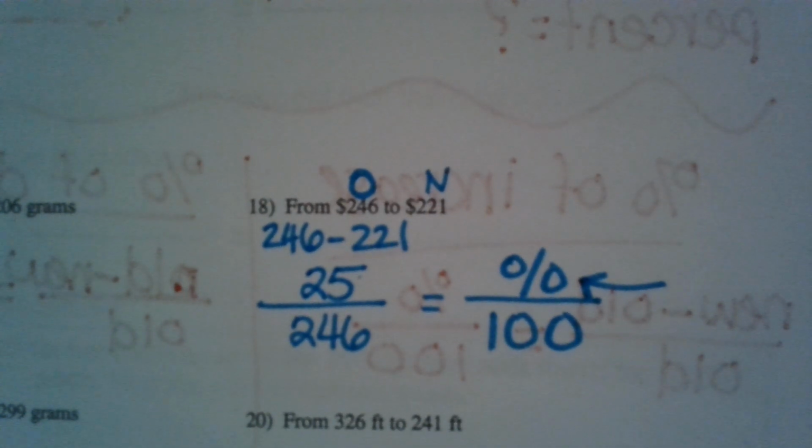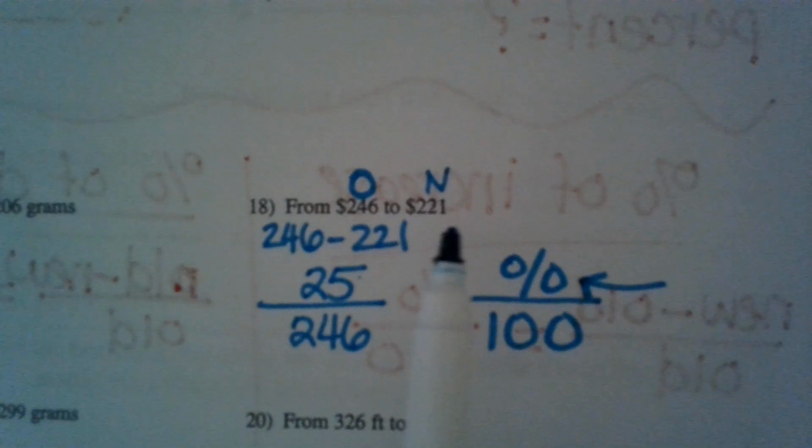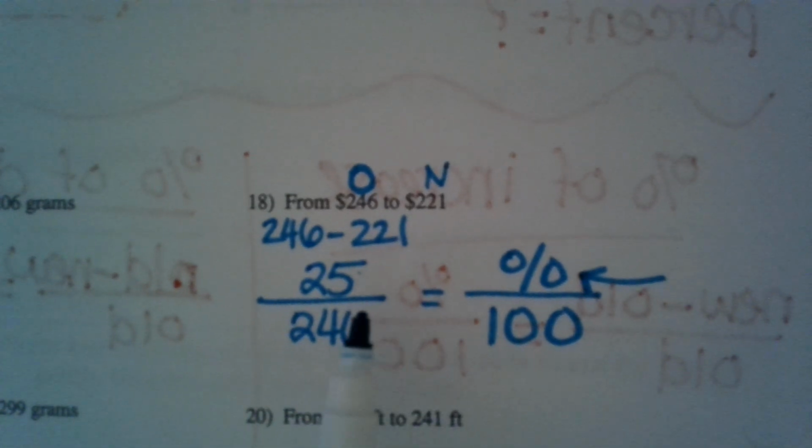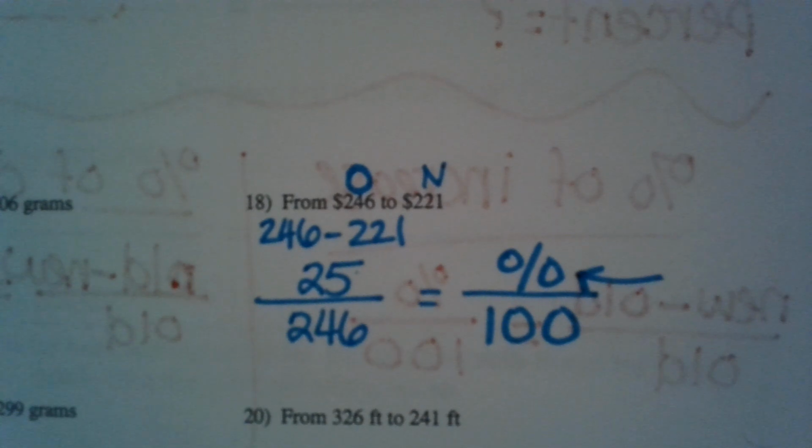So I still need to know the percent increase or decrease. Now we know this is a decrease. So, I'm going to use cross multiplication. Now, I was informed that we learned this in 6th grade. How do we solve a proportion? You cross multiply.